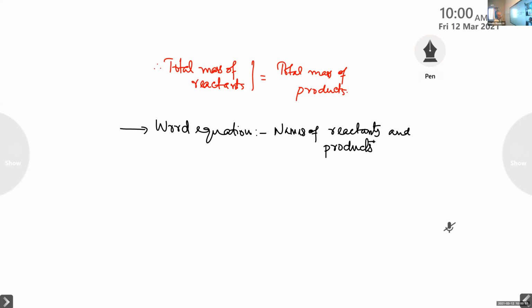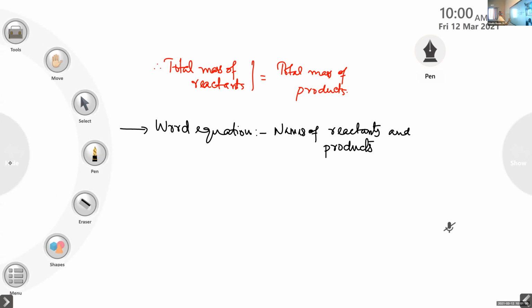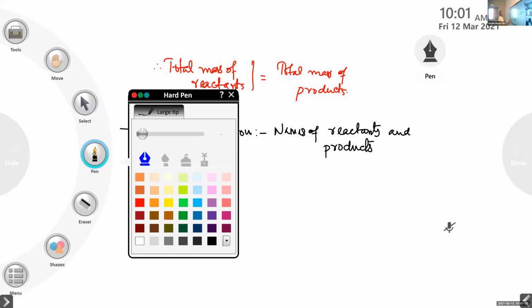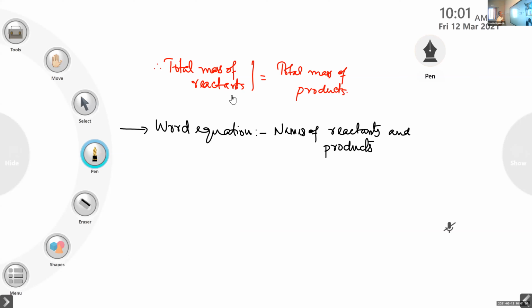Say, for example, let us take a burning of magnesium. How can we write burning of magnesium using the word equation? What happens when magnesium ribbon burns?